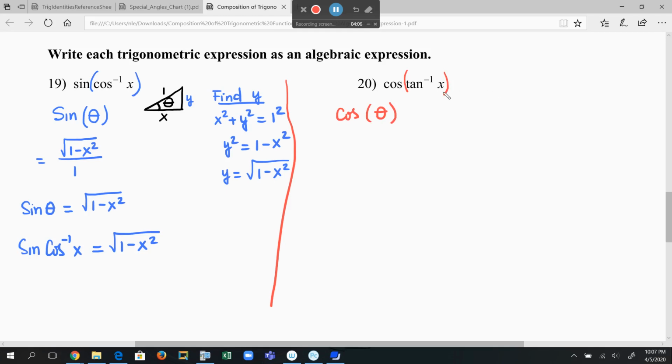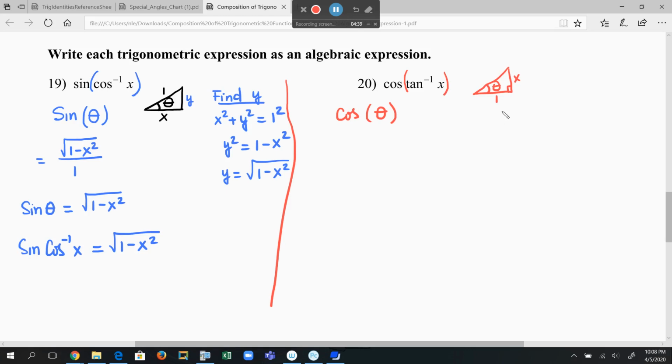Again, we use the information here to get our right triangle, and we label our angle theta, and tangent is opposite over adjacent, but we don't see the denominator, so by default the denominator will be 1.